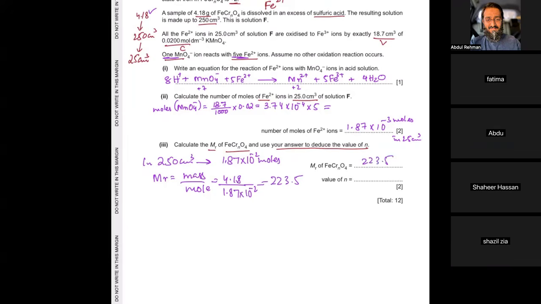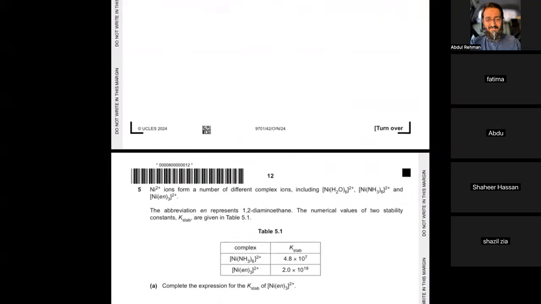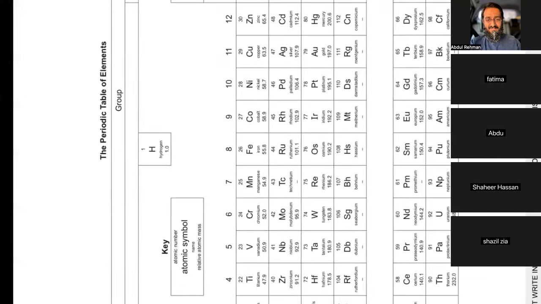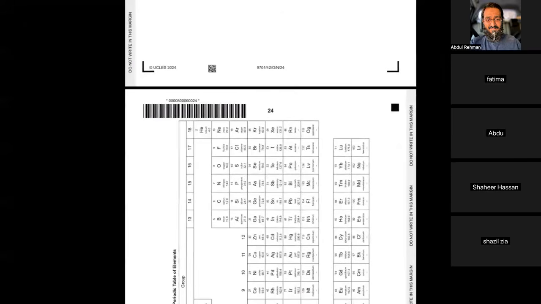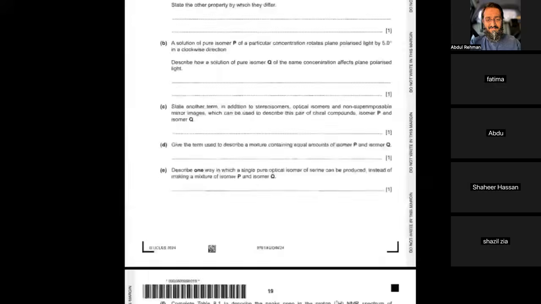Now what you are going to do, 223.5. Remove the iron. What is the AR of iron? 55.8 and chromium is 52. 55.8, right? There is one iron, right?